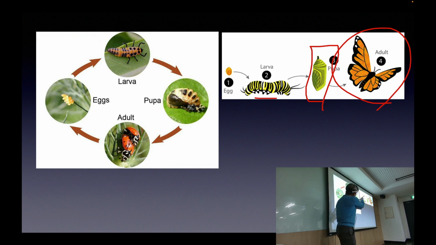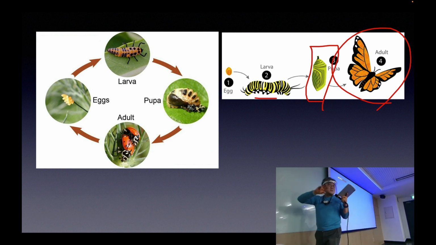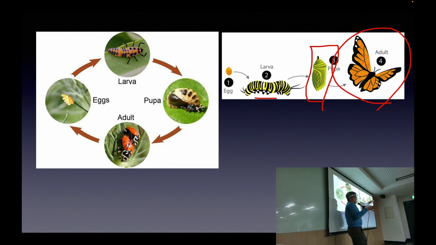It is the same single individual, but at a different stage of its life, it can utilize different sources of food and other environmental things. That has the effect of reducing competition and increasing overall survivability.